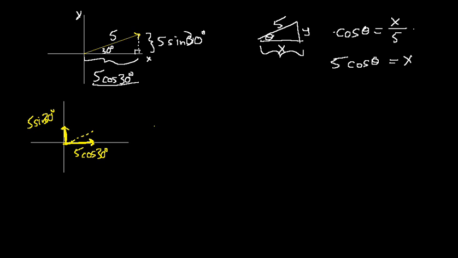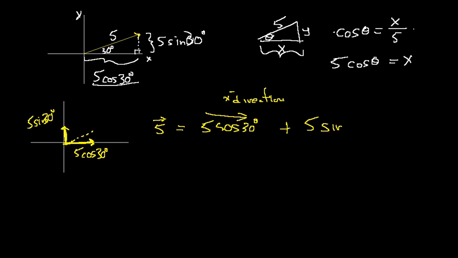So we can show it vectorially, as we can say the vector whose magnitude is 5, I'm just putting that there like that so you can understand it, is equal to 5 times the cosine of 30 degrees. That is a vector in the x direction, plus 5 times the sine of 30 degrees, whatever that magnitude is.